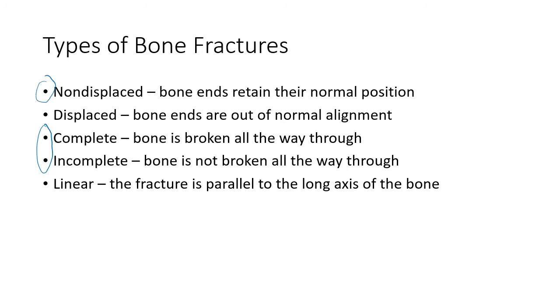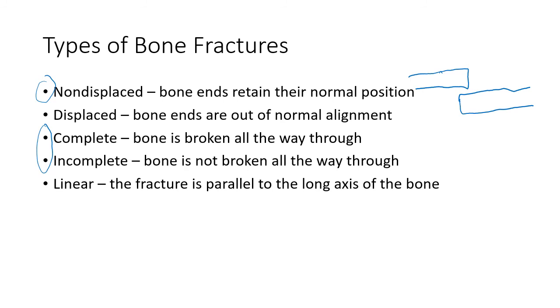Are they in normal anatomical position? Then we'd have a non-displaced fracture. If the ends of the bones are no longer in their normal position, then we have a displaced fracture. And so this is where the bones are going to have to be reset. This is where the bones are going to have to be put back together in order to have them heal properly.